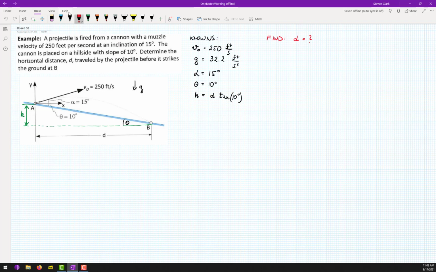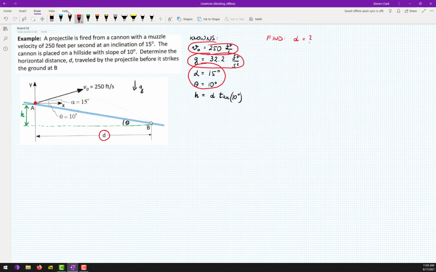So what do we have here? We have a particle, a point that starts its motion at point A, and it has velocity v0, which is known. We are on Earth, so gravity is also known. We know the geometry, and they ask us to find the distance d.